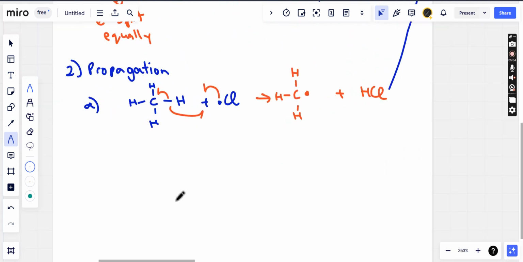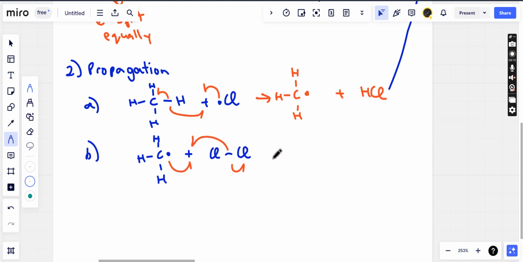Okay, and then the next step, the B step, is whereby you form your product, your wanted product, the halogenoalkane. So your CH3 radical collides with another Cl2, and a single reaction happens: it breaks homolytically, then the radicals combine, and you get your desired product of CH3Cl, and you get another chlorine radical.